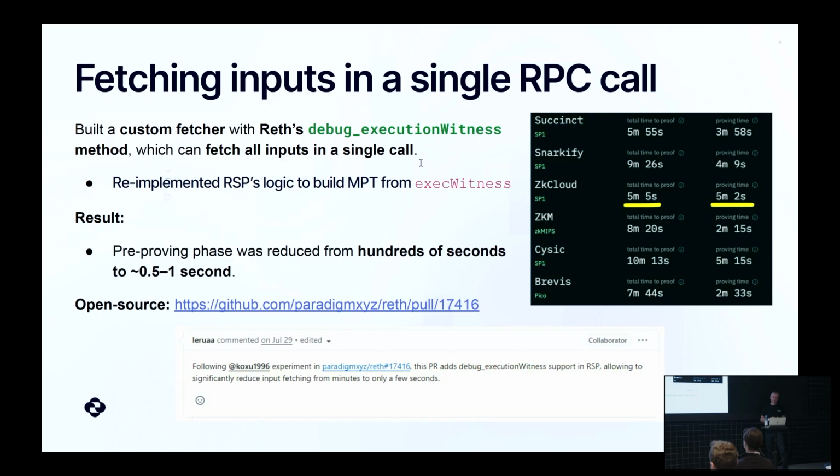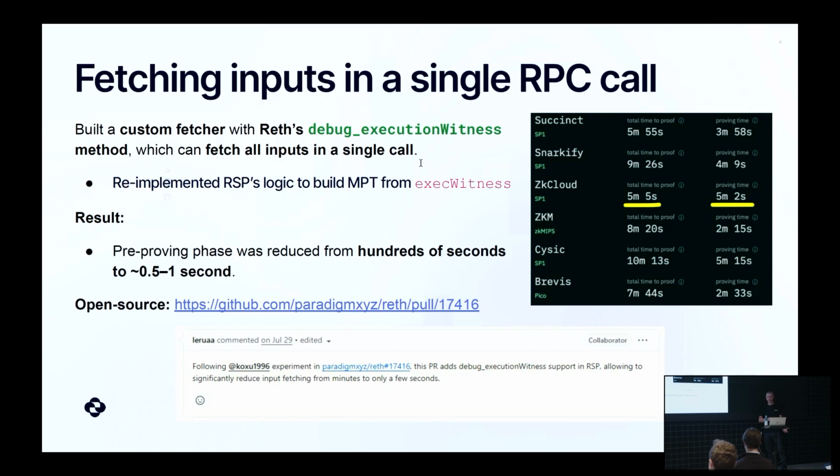So one of our engineers was heads down for 6 to 8 weeks to implement a custom fetcher, which uses Reth's custom method called debug execution witness. This can fetch all the input data in a single call. I think some teams, for example Scroll, implemented this in their latest client by default already, but Ethereum clients haven't used it by default yet.